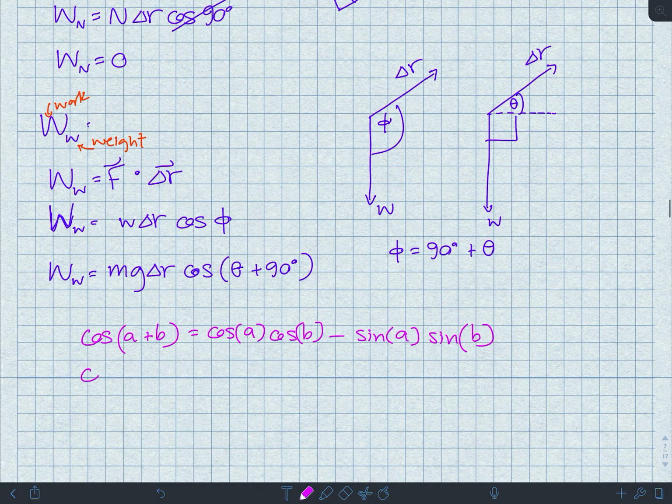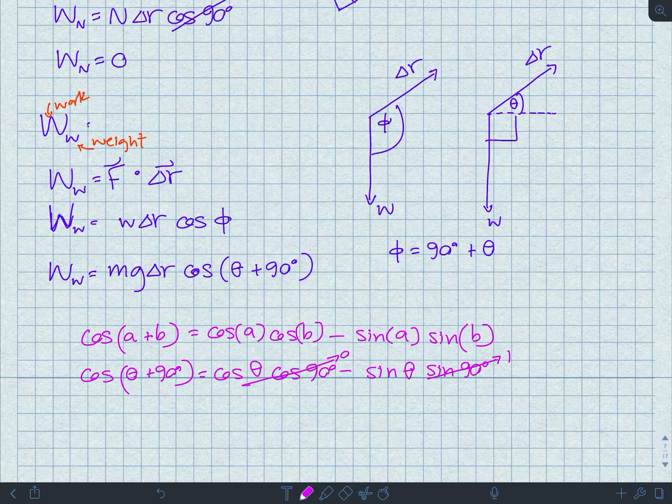Okay, now let's substitute. Cosine theta plus 90. That's going to be cosine theta cosine 90 degrees minus sine theta sine 90 degrees. Okay, so the cosine of 90 degrees, that's 0, so that whole term goes to 0. Then the sine of 90 is equal to 1.